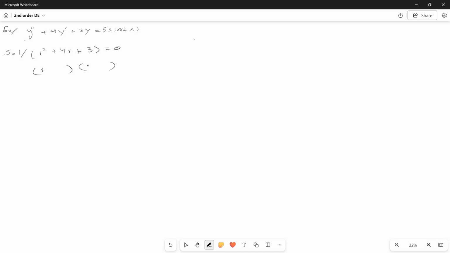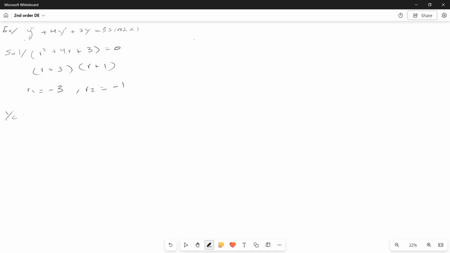So we have r and r, positive and positive, numbers that multiply to give us 3 and add up to give us 4, which are 3 and 1. Therefore root 1 equals negative 3 and root 2 is equal to negative 1.